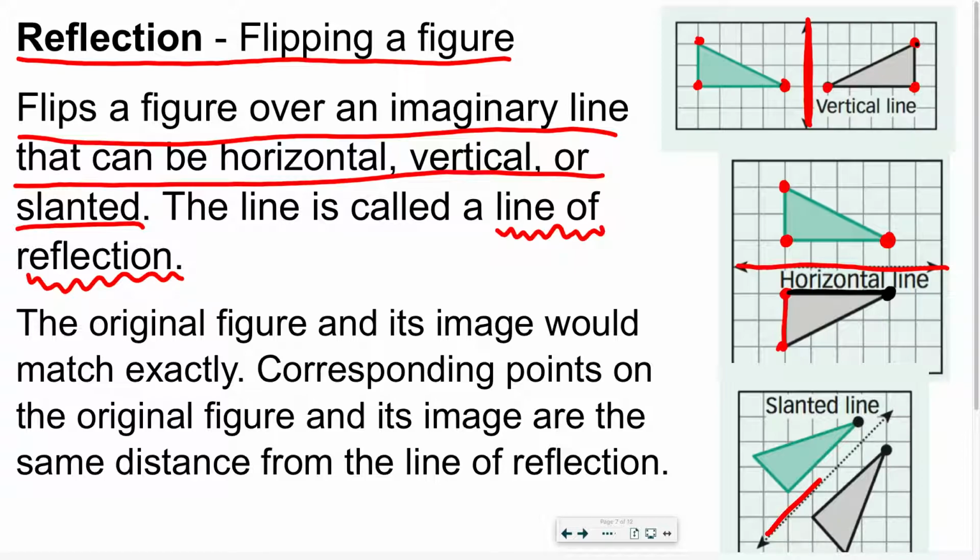And it is possible to have a line of reflection be diagonal, like this example here. And again, with our translation, our sliding, and our reflection, our flipping, we have not changed the size.